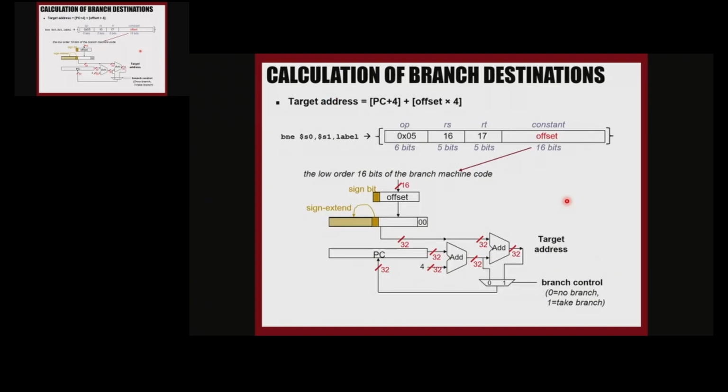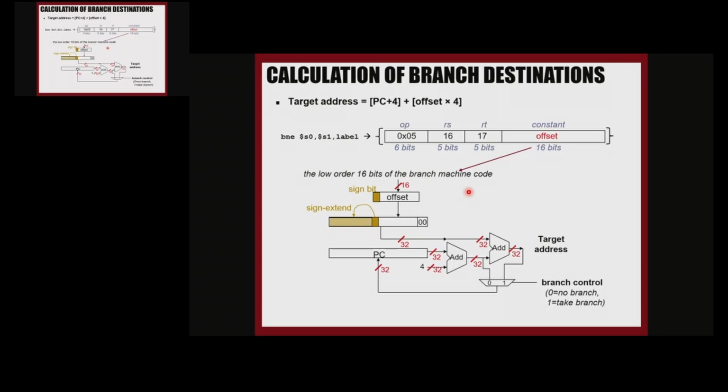So if I give you an instruction like this, if I give you the machine code and I ask you to calculate the target address, you get the 16 bits and shift it left twice. What is it doing? When I shift the number left once, what am I really doing? Multiplying by 2. So when you shift something left 1 bit, you're multiplying it by 2.